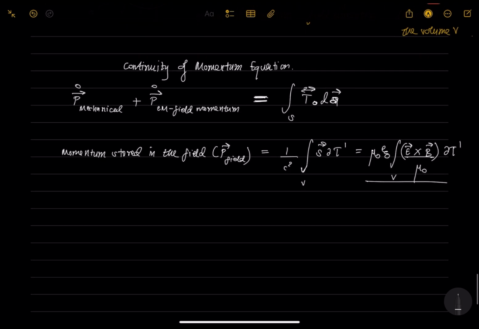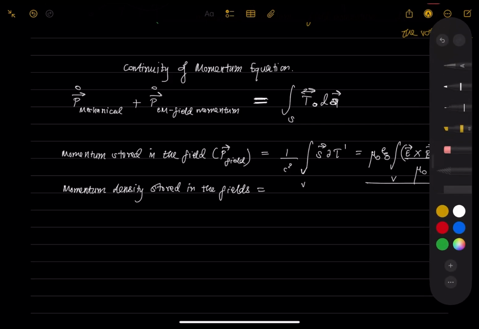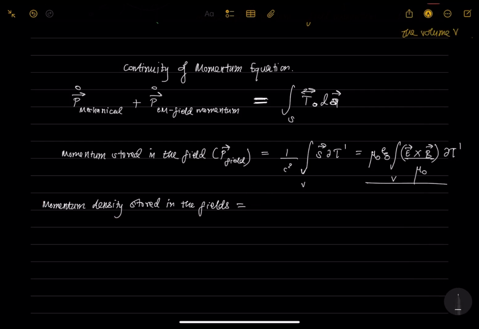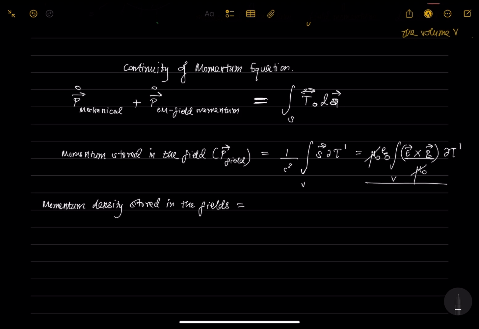Or a more standard way to write this is momentum density stored in the fields. This comes without the volume integral, right? So you're taking the momentum stored per unit volume. And that just becomes, all right, the permeability terms cancel out.